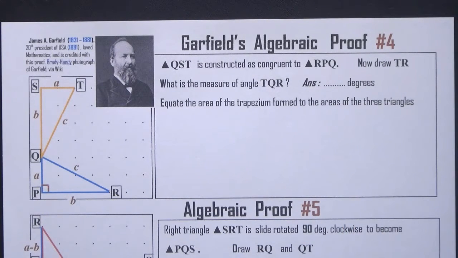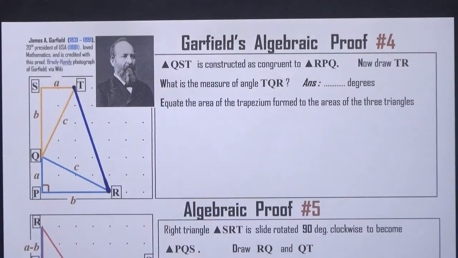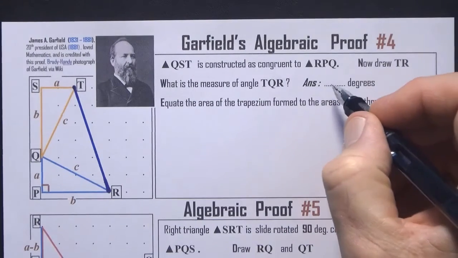Now draw TR. What is the measure of angle TQR? Well, by its construction, which was a 90-degree clockwise slide rotation, it must be 90 degrees.